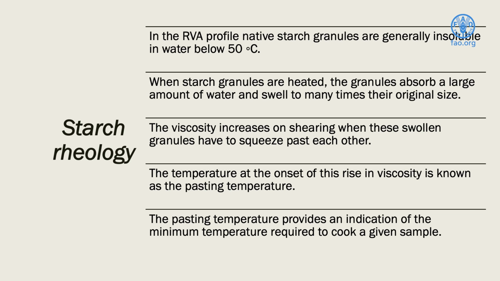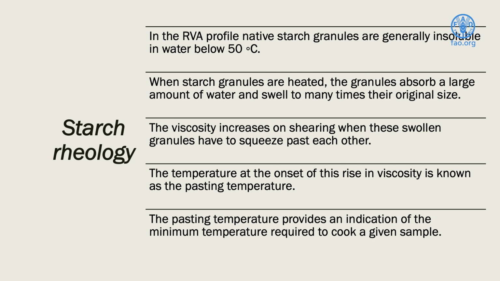In the RVA profile, native starch granules are generally insoluble in water below 50 degrees C. When starch granules are heated, granules absorb a large amount of water and swell to many times their original size. That's why viscosity increases during heating of starch.